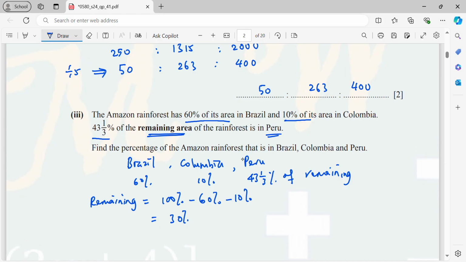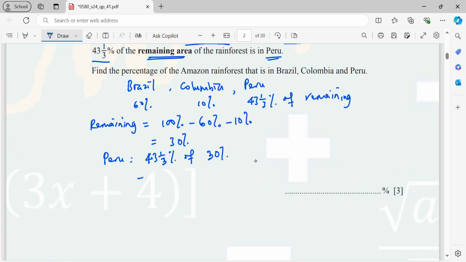So now for the 43 and 1/3%, of remaining means of 30%. So that means 43 and 1/3 times 30%, which is 30 over 100. So this is going to be 13%.